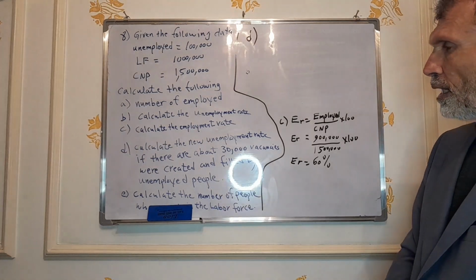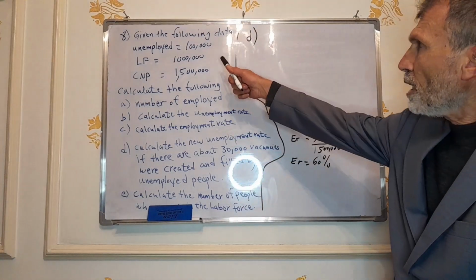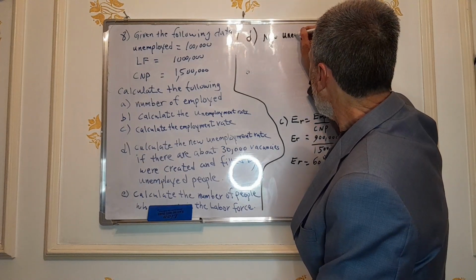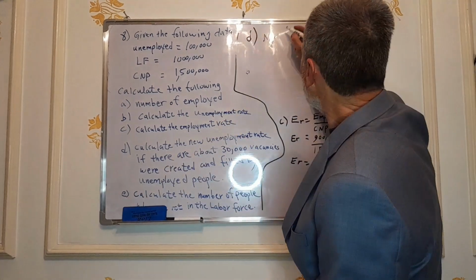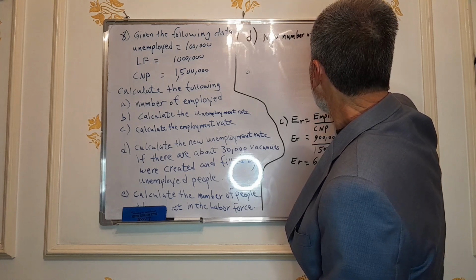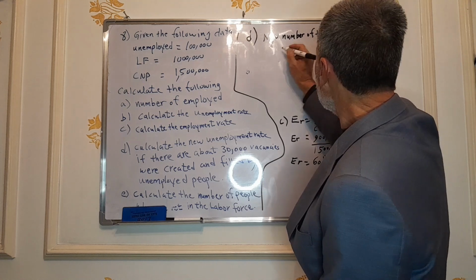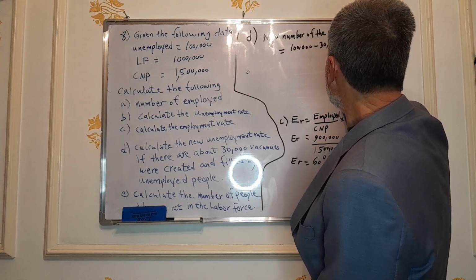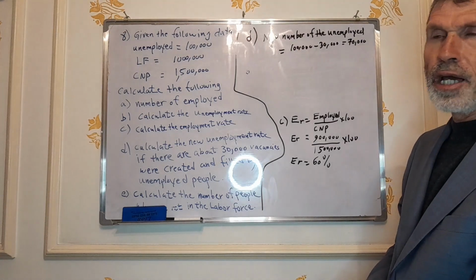So the new number of unemployed people is 100,000 minus 30,000, which is equal to 70,000. This is the new number of the unemployed.